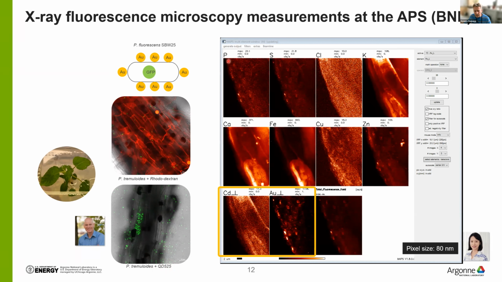Without sectioning it, we are focusing just on the edge of that sample. And then she was able to identify some of the cadmium signal within that root, as well as on the surface, you can see gold label. So this suggests that we have an ability to look at that root microbe interaction using the bionanoprobe.